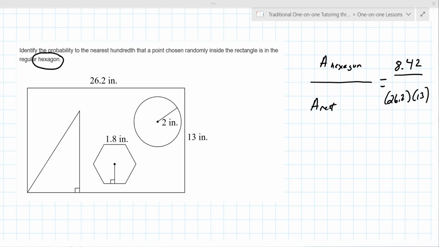Okay, I get 0.02. Mm-hmm. Okay, yeah, it's pretty small here. Let me check that. That does work.